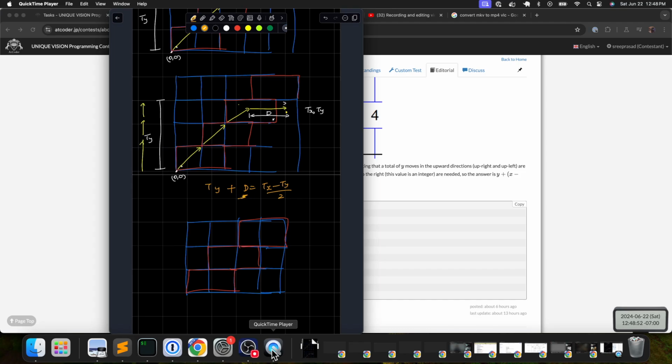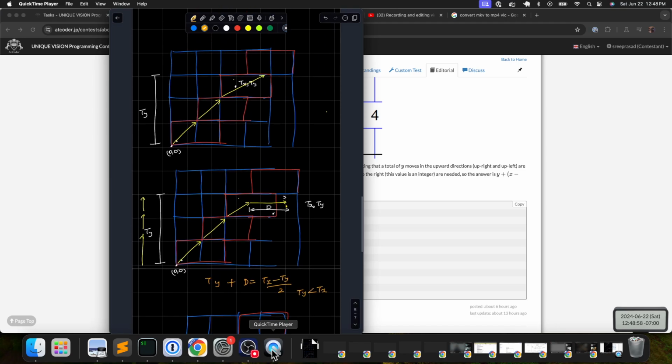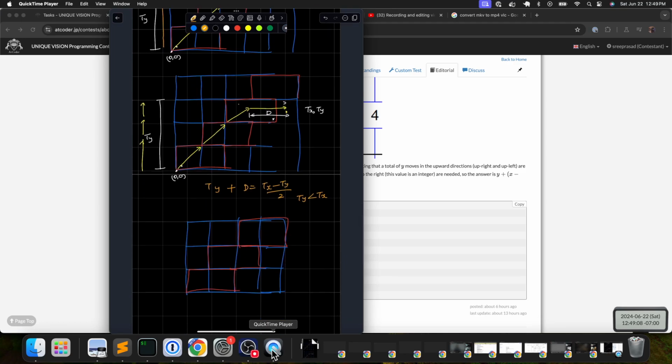This d is only added if ty is less than tx. Here ty is greater than or equal to tx, so d will be equal to 0, and you just have to go up by the y distance. But here ty is less than tx, so you have to go at least ty, which is this distance, and an additional d, which is given by tx minus ty.